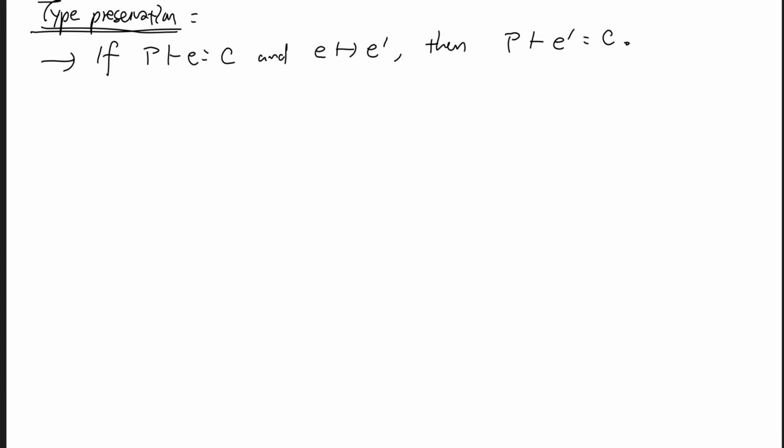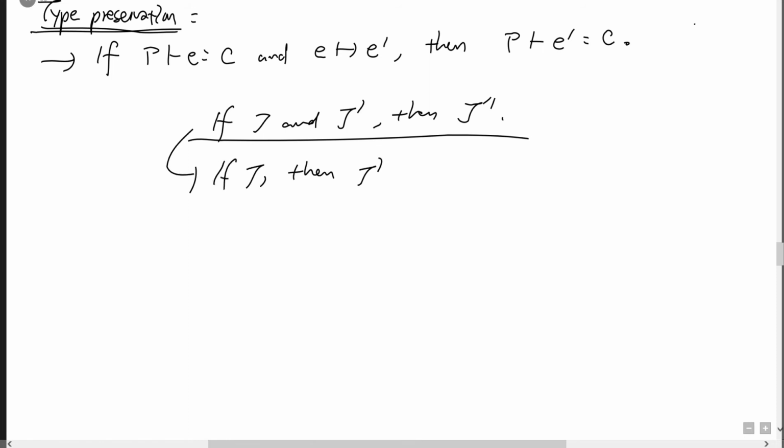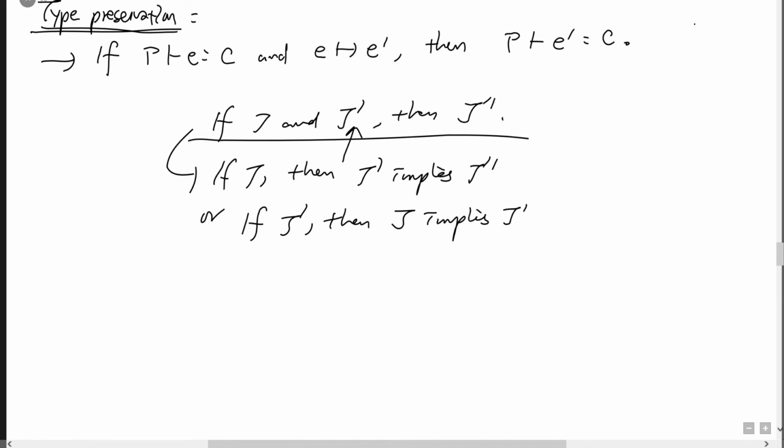And we have this familiar form: if J and J prime hold, then another judgment J double prime holds. So we have to rephrase it into either if J, then J prime implies J double prime, or we could apply rule induction to this judgment J prime, in which case you have if J prime, then J implies J double prime.